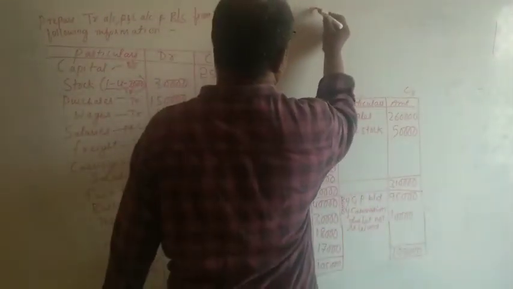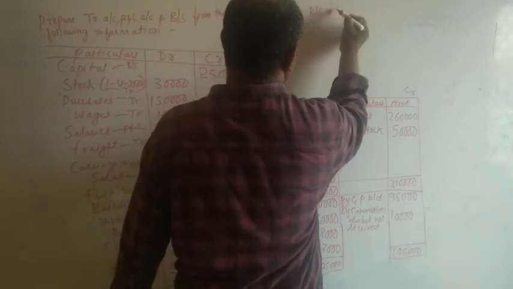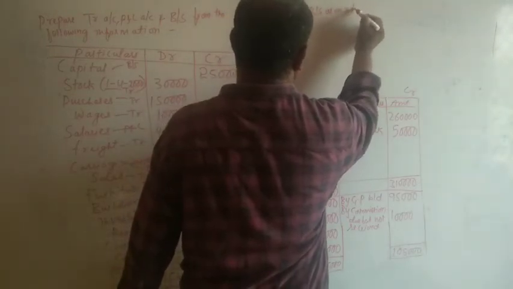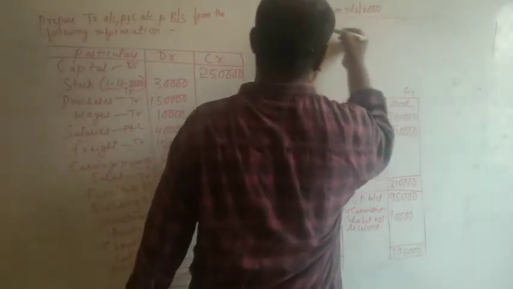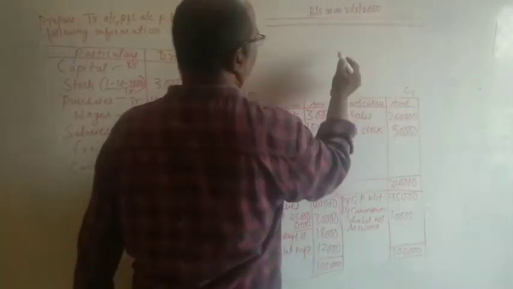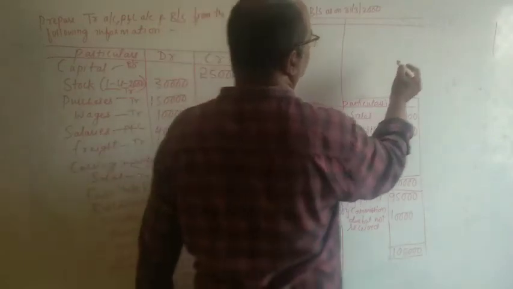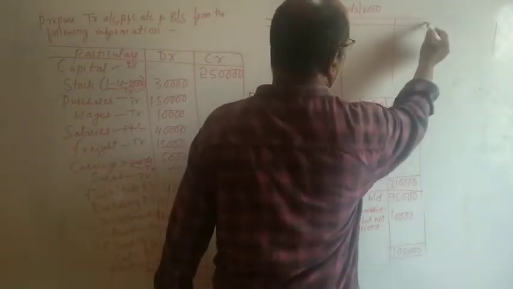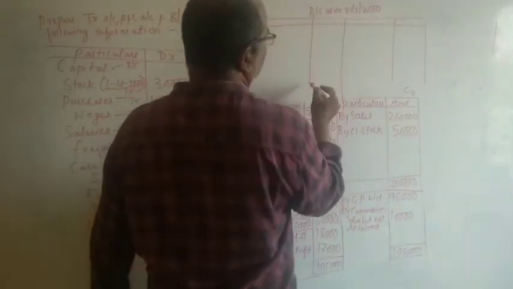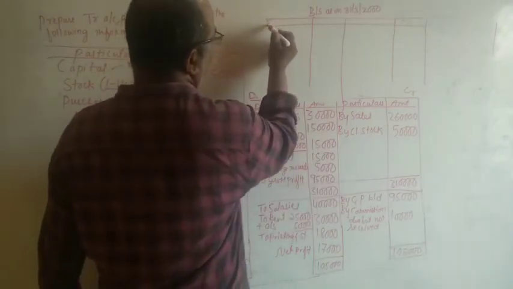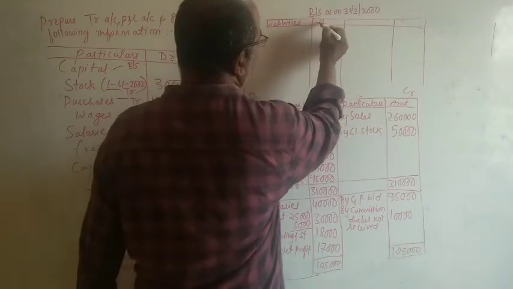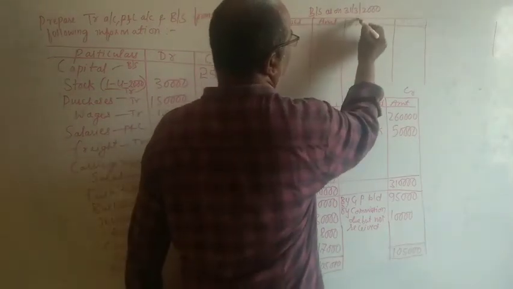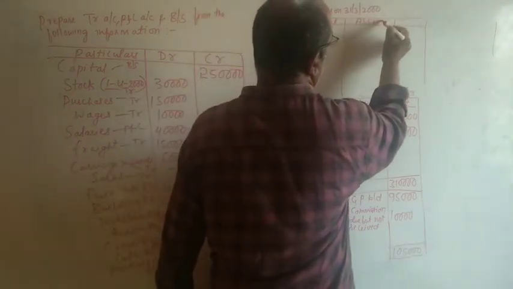Balance sheet as on 31st March. Liabilities, amount, assets, amount.